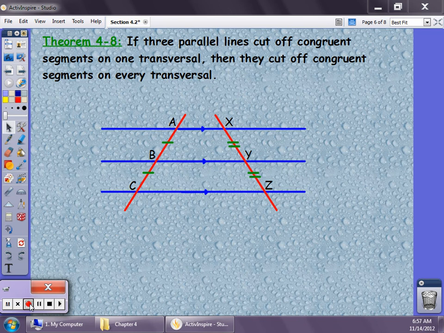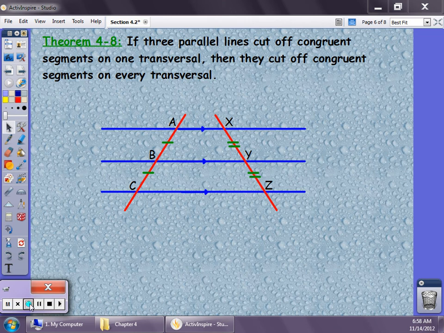The last theorem we're going to discuss today is theorem 4-8, which states if 3 parallel lines cut off congruent segments on one transversal, then they cut off congruent segments on every transversal. So let's say that we are given these 3 parallel lines, which are the blue lines, and we're given transversal AC.